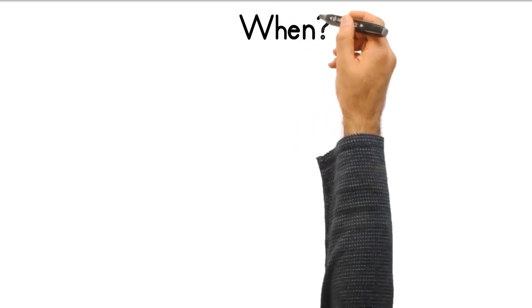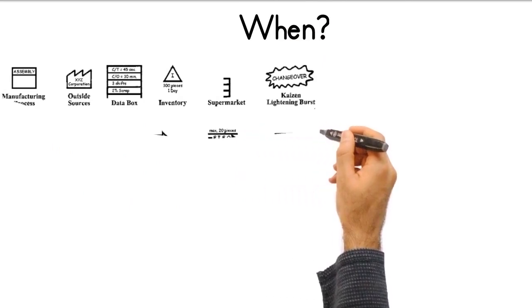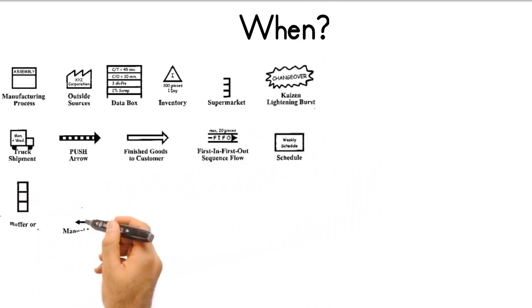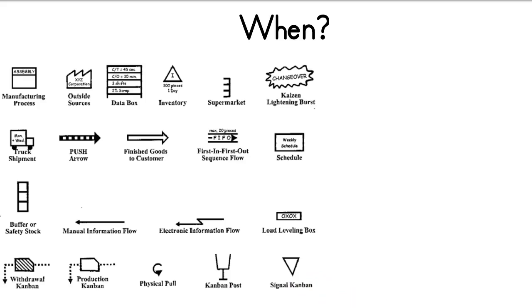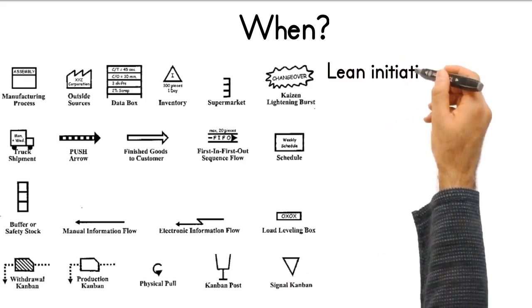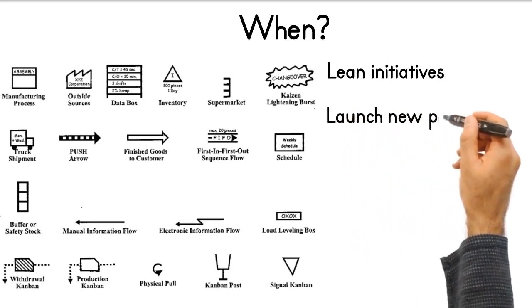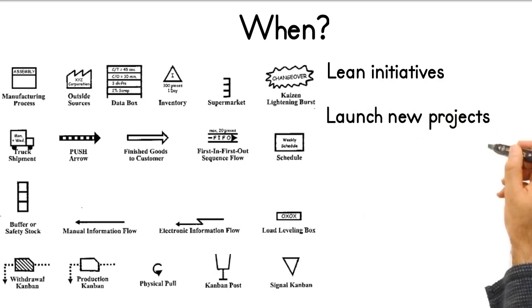Value stream mapping is used by various teams within an organization, particularly those focused on process improvement. Key users of VSM include manufacturing managers and operators, to identify inefficiencies and optimize production processes. Lean practitioners and consultants, to guide organizations through continuous improvement initiatives.